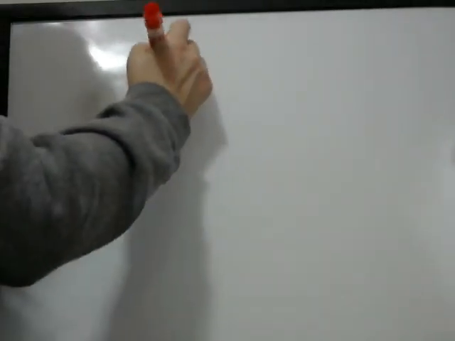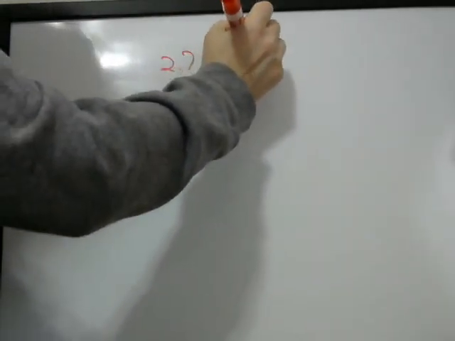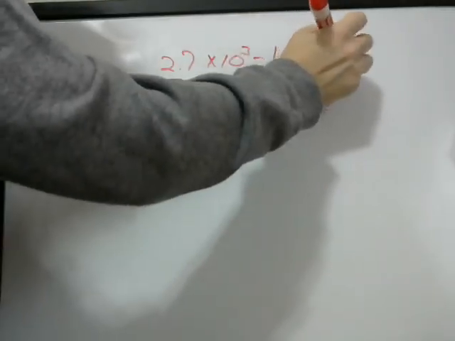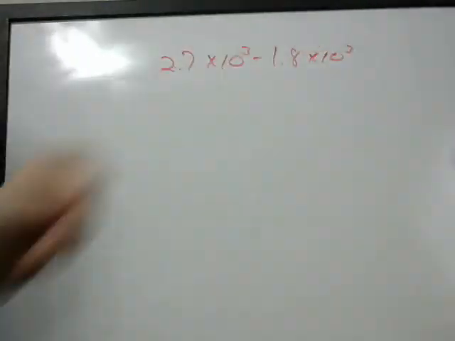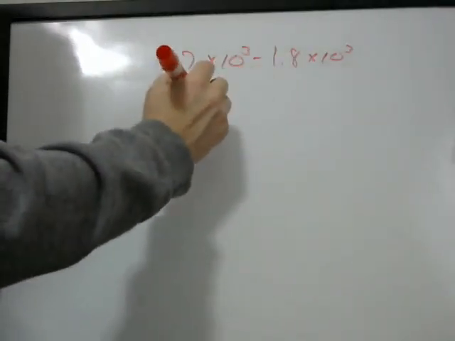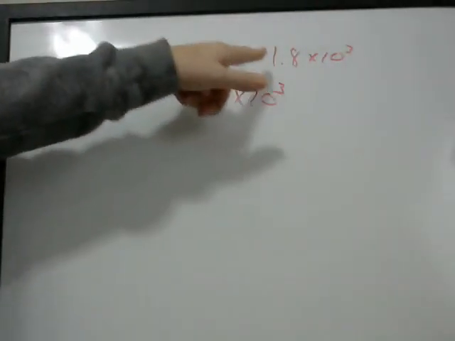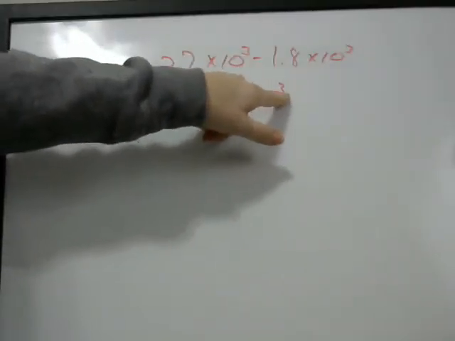Let's say we had 2.7 times 10 to the 3 minus 1.8 times 10 to the 3. Again, both of them have a 3, so we can do it the shortcut way. 2.7 minus 1.8 is 0.9. Again, you leave the number alone. You don't add them, you don't subtract them. If you're doing addition or subtraction, you have to leave it alone.